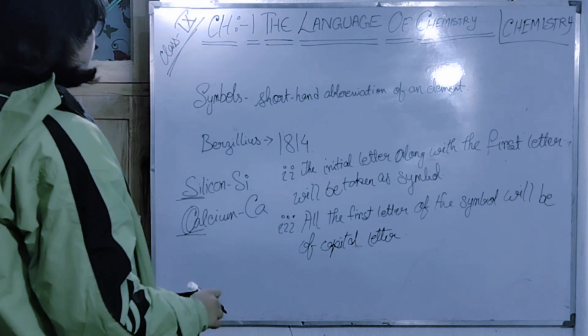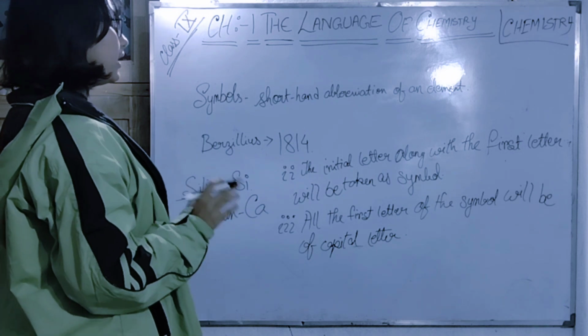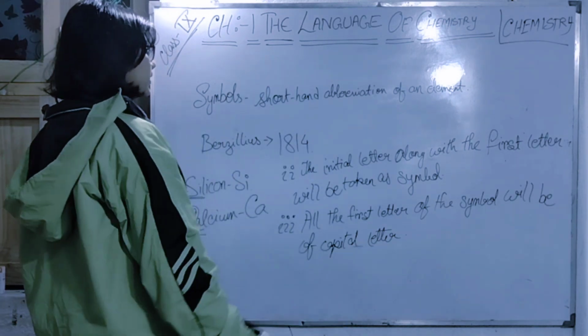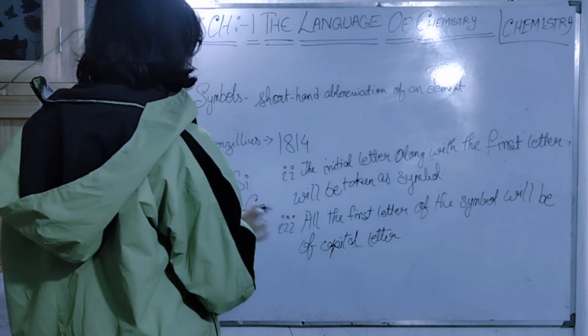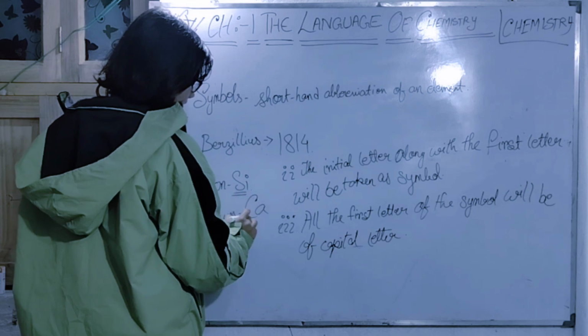If you go through the periodic table, you will notice that all the symbols have the first letter as a capital letter.